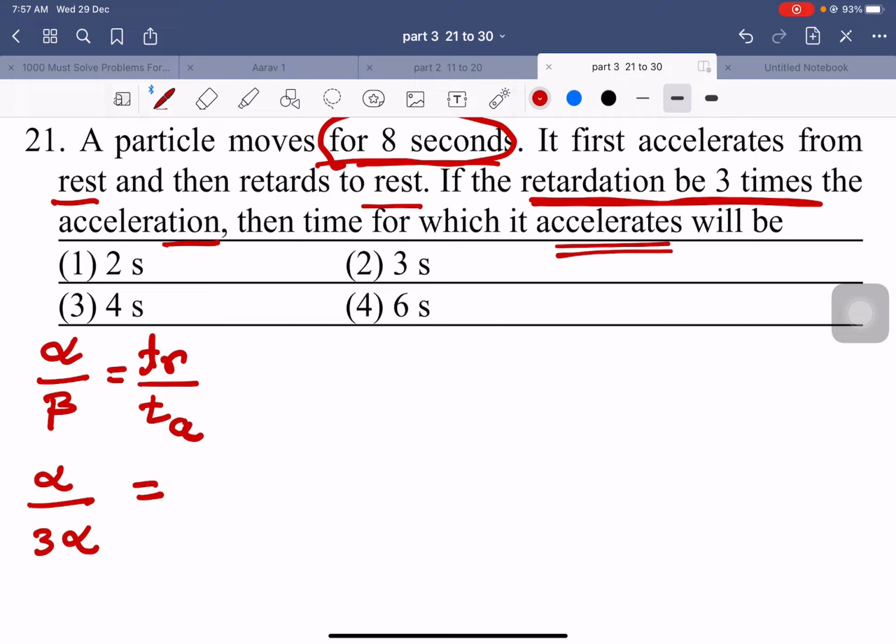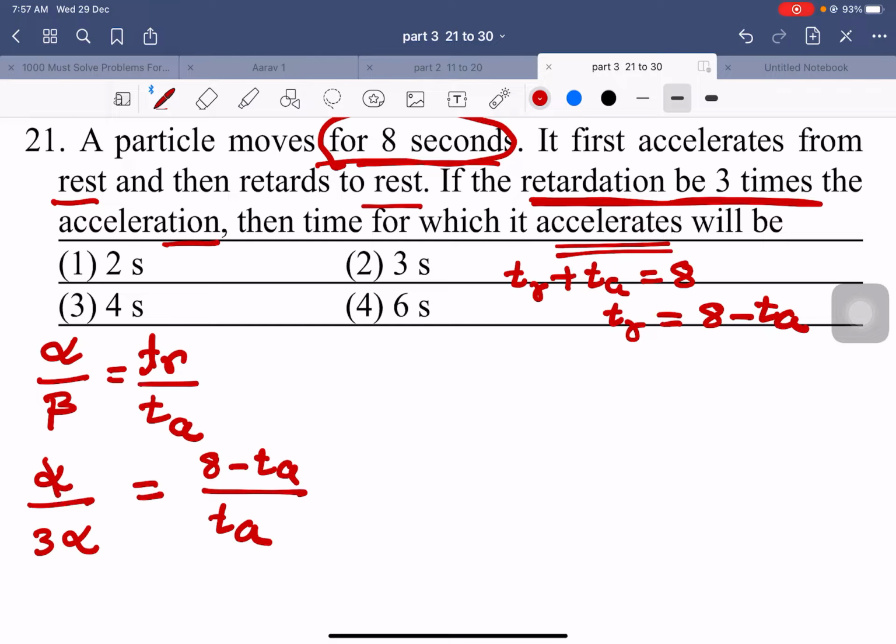Therefore I can write time of retardation plus time of acceleration is equal to 8 seconds, or time of retardation is equal to 8 minus time of acceleration. That I'll substitute here. In the place of time of retardation, I write 8 minus Ta, divided by Ta. So here alpha and alpha get cancelled.